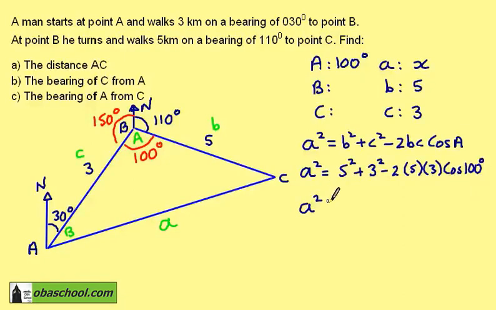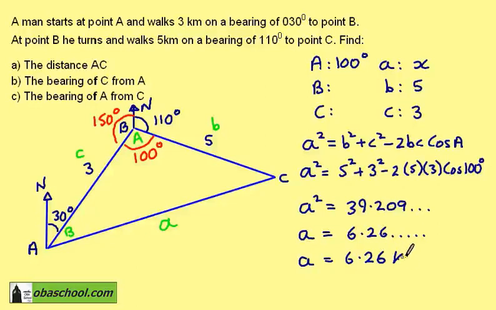This gives us that a squared is 39.209 and so on, and taking the square root of both sides we get 6.26 and so on, and this rounds to 6.26 kilometers, correct to 3 significant figures.